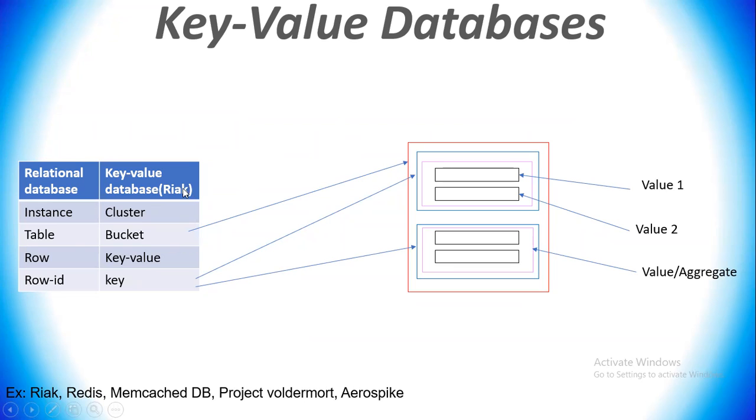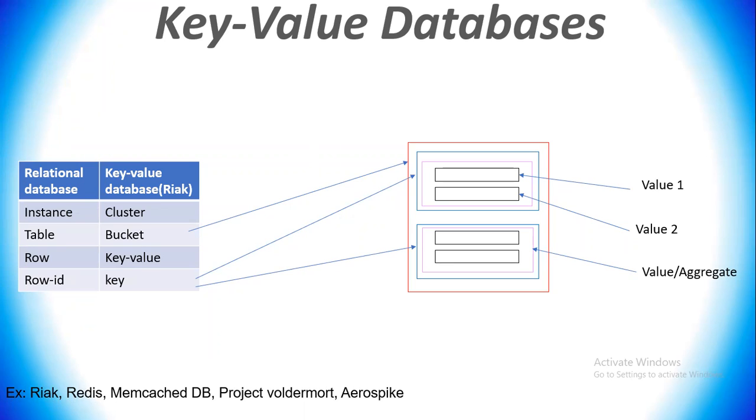But this is not the only database management system for NoSQL. There are others: Riak, Redis, Memcached DB, Project Voldemort, Aerospike. Likewise, there are a lot of examples of key value databases. In this case, a table is known as a bucket, and a row is nothing but a key value pair. What is contained in a row is a key value pair.